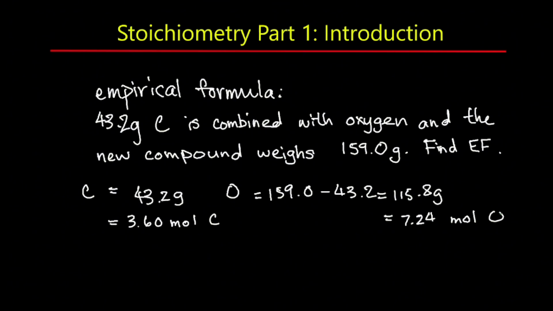If you're good at math, then you might realize that 7.24 is almost exactly double of 3.60. And that's kind of what we're going for here. If we divide 7.24 over 3.60, we get 2.01, which means that for every carbon atom, we have 2.01 oxygen atoms. And that leaves us with a final empirical formula of CO2.